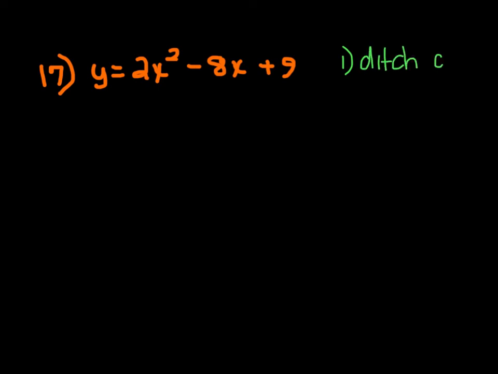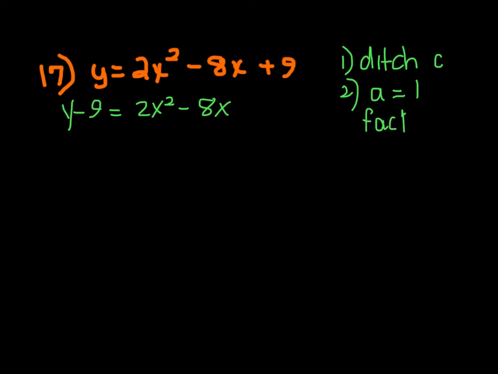Okay, so the first thing I'm going to do again is ditch c. I'm going to subtract that 9 over to this side. The second thing I need to do is make a equal to 1. So I need to factor out a. So I'm going to get y minus 9 equals 2 times x squared minus 4x.